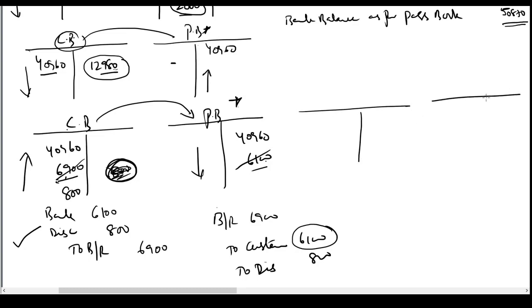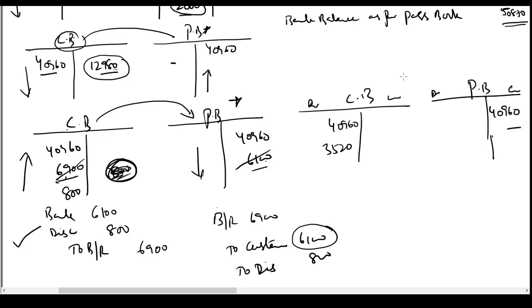This is my cash book, this is my passbook. We have recorded a deposit in our books, but the corresponding credit is not there as on 31st March 20. It might be there in the month of April, but on 31st March 20 it is not there.